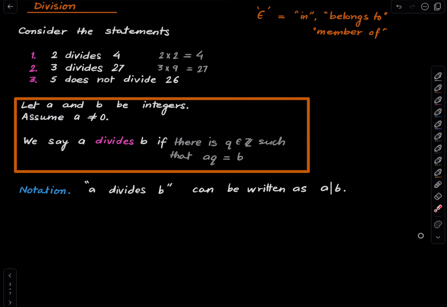Alright, so very convenient. Every time writing this in English takes a lot of time and also takes a lot of space.